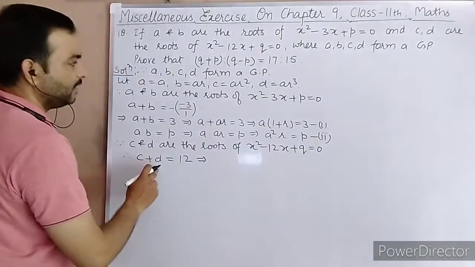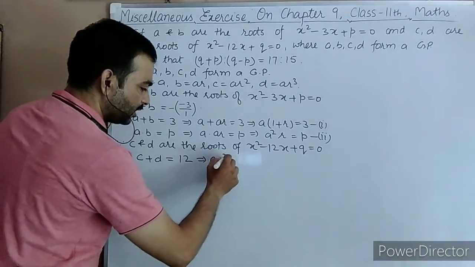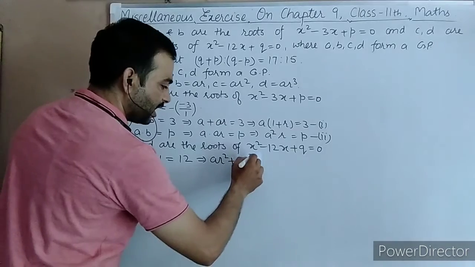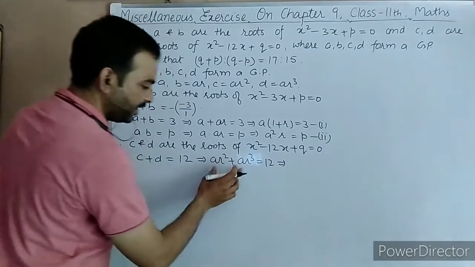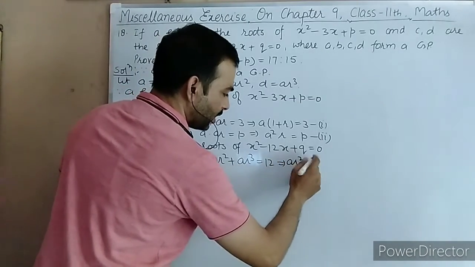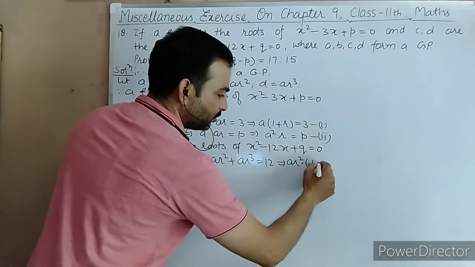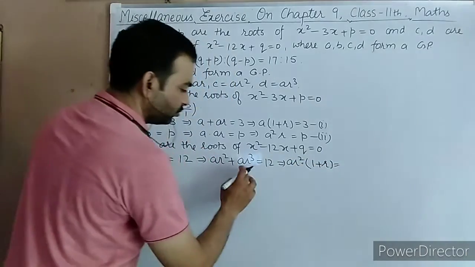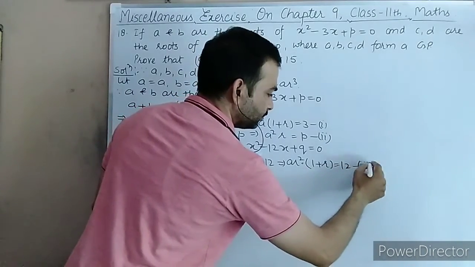Replace c and d by ar² and ar³. So ar² + ar³ = 12. Again, if I take ar² common, ar²(1 + r) = 12, which is equation number 3.